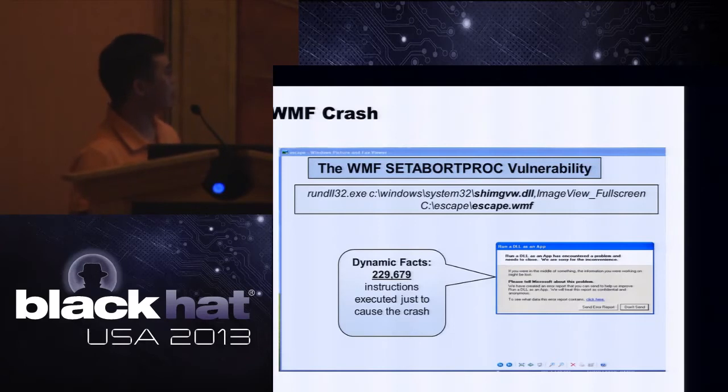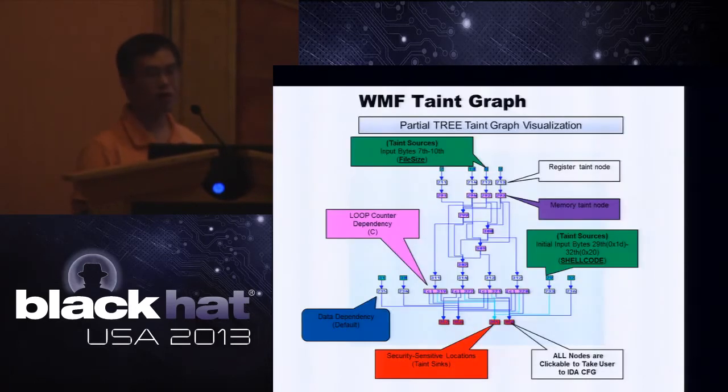An interesting fact that we note is between the time the program started reading the file to the time the program crashed, there were 229,000 instructions executed just for the simple scenario. Here's a quick partial taint graph we collected.